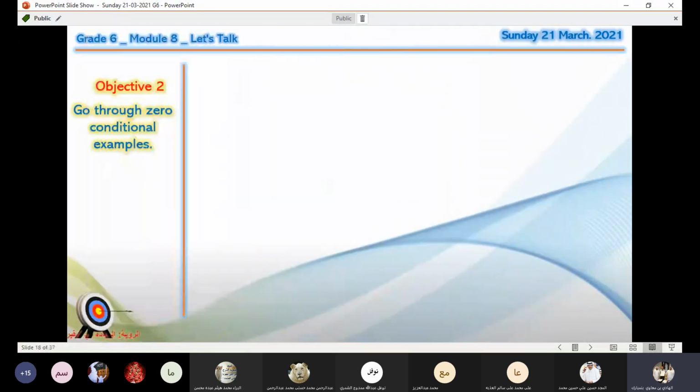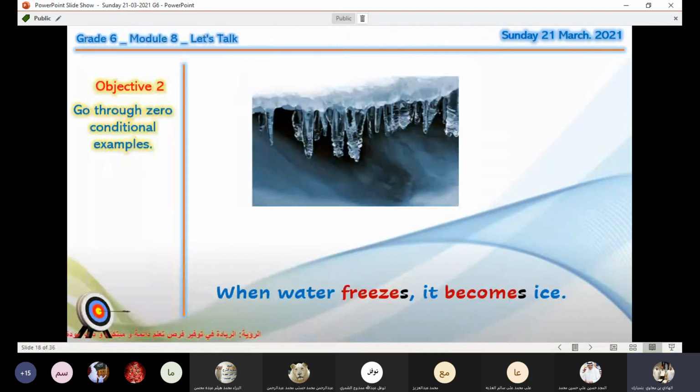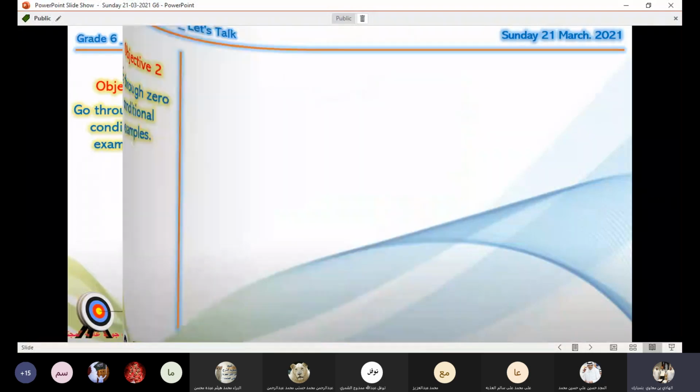Let's move on to the second example. When the water freezes, it becomes ice. You see S here? S means present simple. So when plus present simple gives present simple in the second part of the sentence.